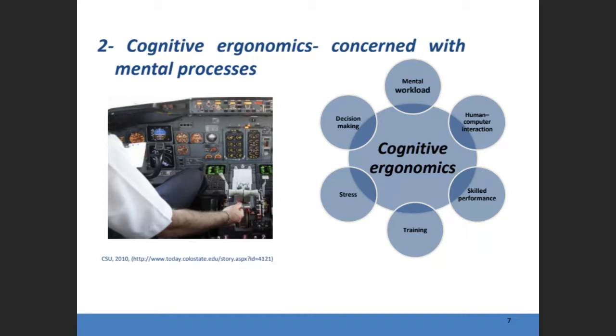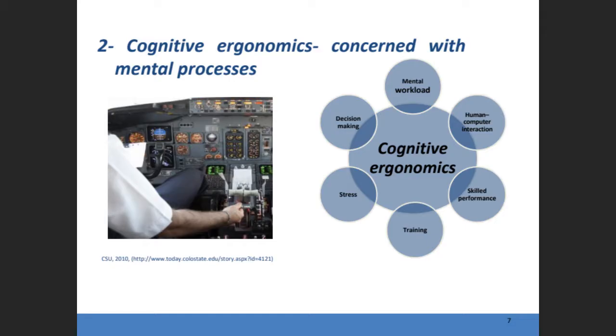In the interaction between the human being and the working system under cognitive ergonomics, we need to increase safety or reduce the risk of injuries or accidents that come from the cognitive domain. Can you give me some examples? Okay, for example, decision making. If you are working in an environment like the aviation control tower, this is one of the jobs.